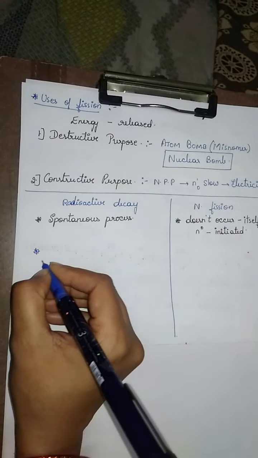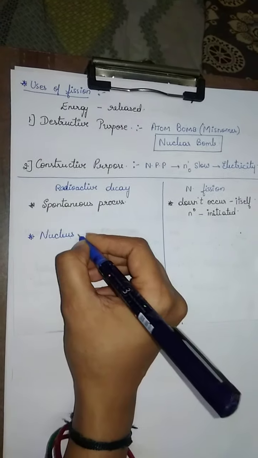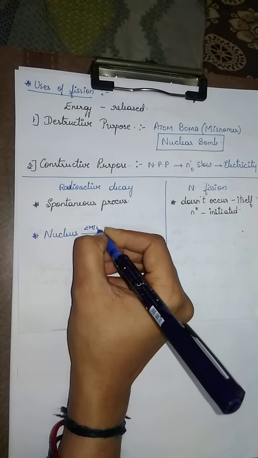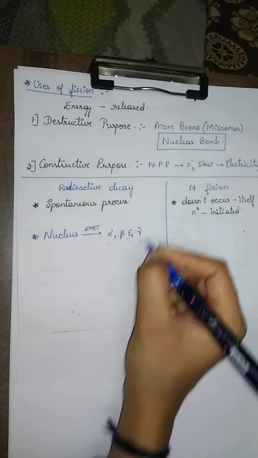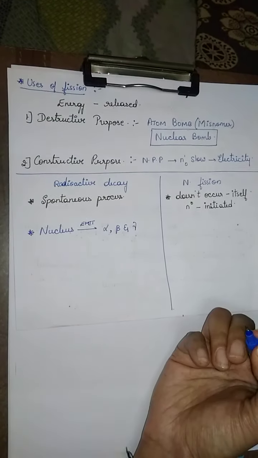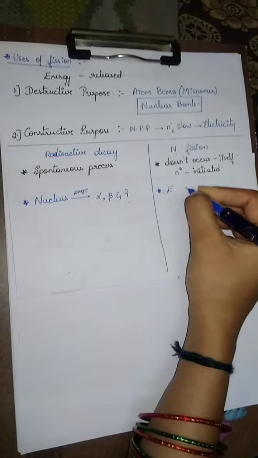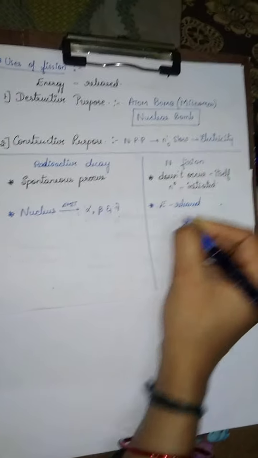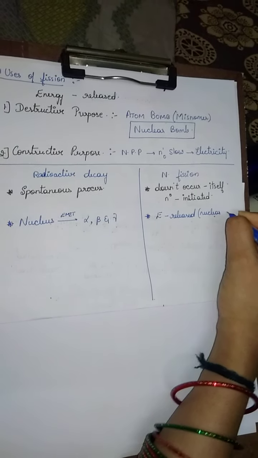The second difference is about the nucleus undergoing radioactive decay. It will emit alpha rays, beta rays and gamma rays. But in fission, the energy that is released is called nuclear energy.